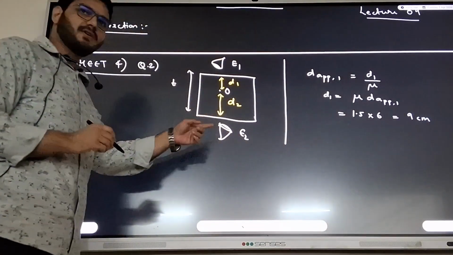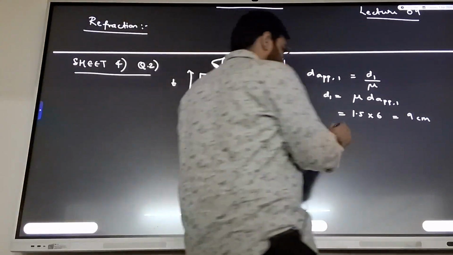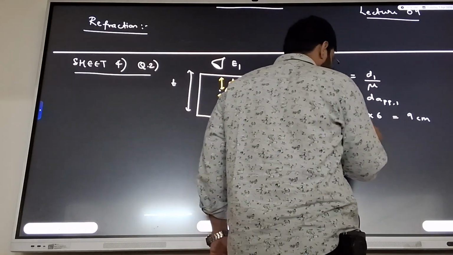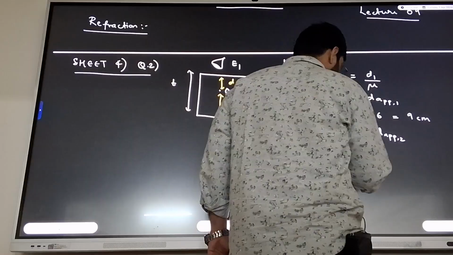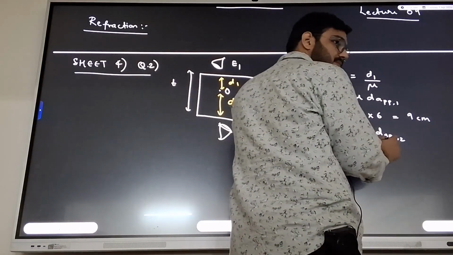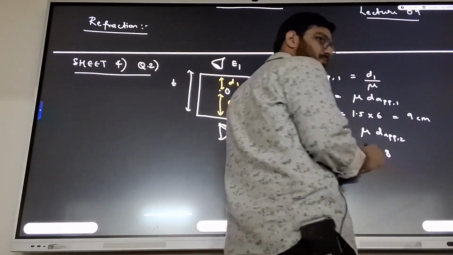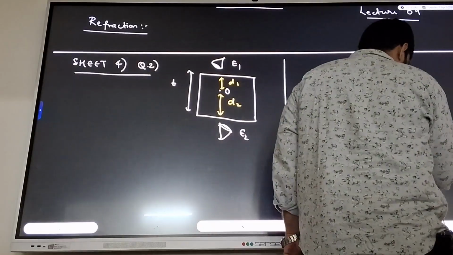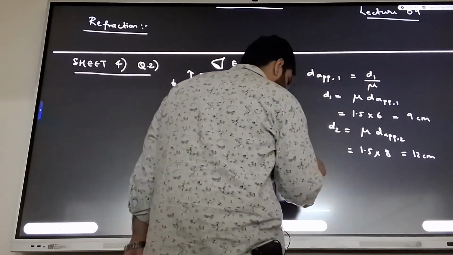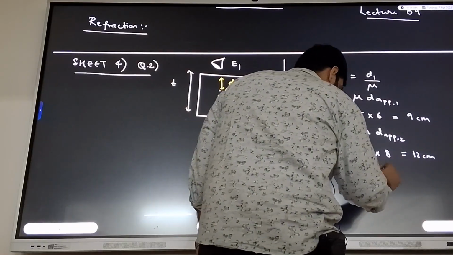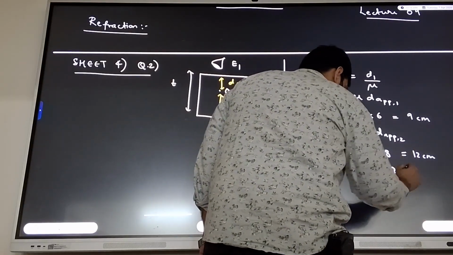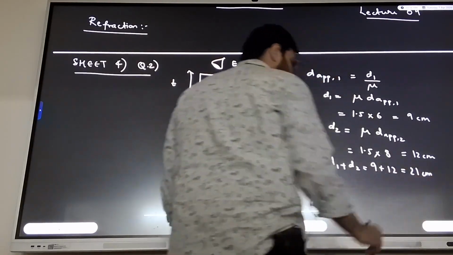Will the same occur for observer 2? It should be D2, that's mu times D apparent 2, and that will be 1.5 into what? 8. 8 times 1.5 is what? 12. And if I add the two, will I get the thickness? Yes. And I think 9 plus 12, 21 centimeters. This was fairly simple.